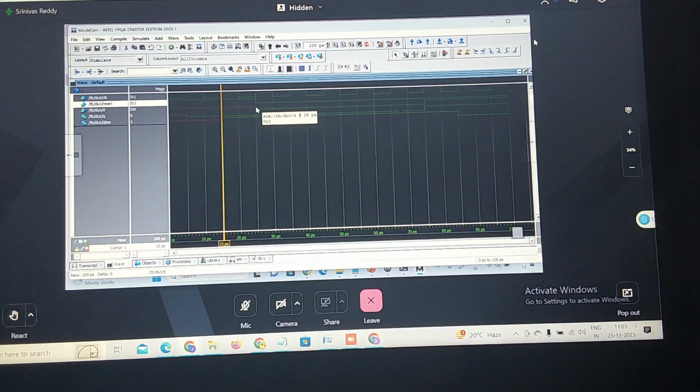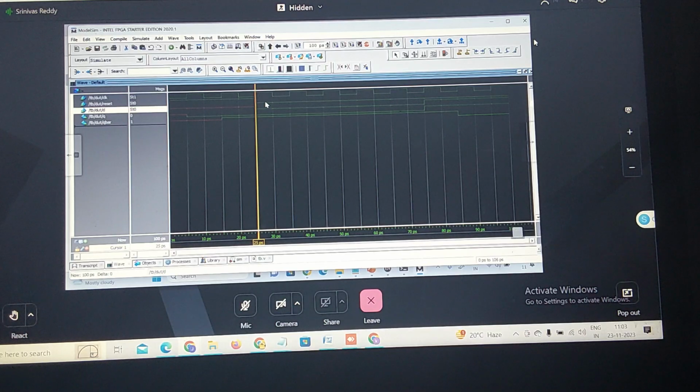Now at this rising edge of the clock, what is the reset? Reset is 0. When reset is 0, what is the program we are writing? Q follows the D. What is the D value? 0. Now what is Q? 0. What is Q bar? 1. Correct?